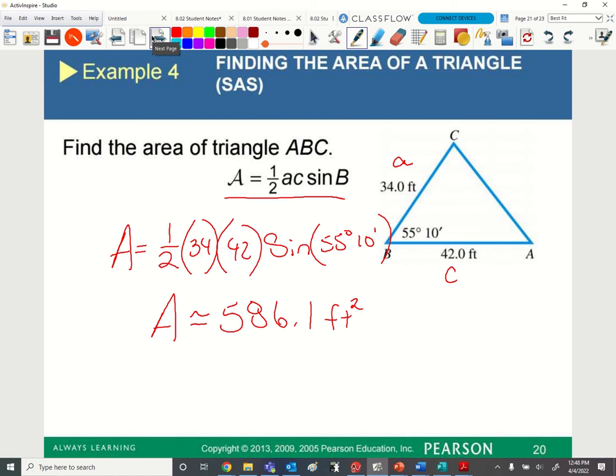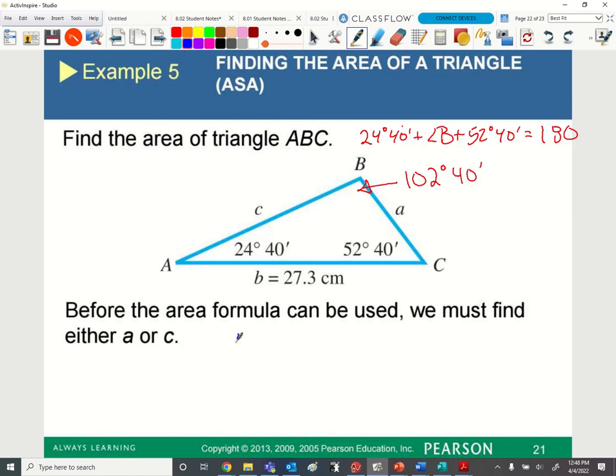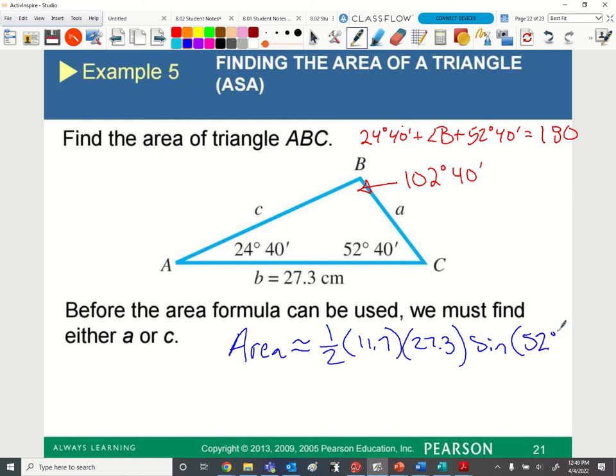So let's go ahead and find my area. Oh wait, wrong one. I'm over here. So my area is going to be about 1/2 times 11.7 times 27.3 times the sine of, what was this one? 52 degrees, 40 minutes?